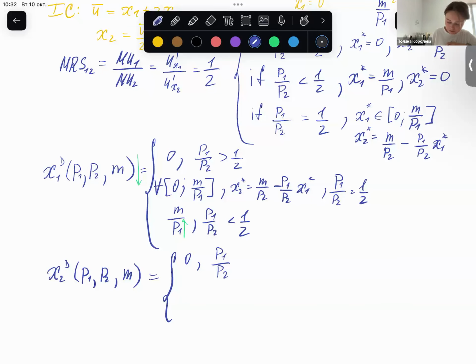It is m over p2 if x1 equals m over p1 minus p2 over p1 x2, when the price ratio equals 1/2. And m over p1 or p2 if vice versa.